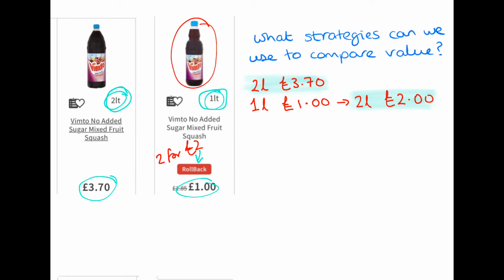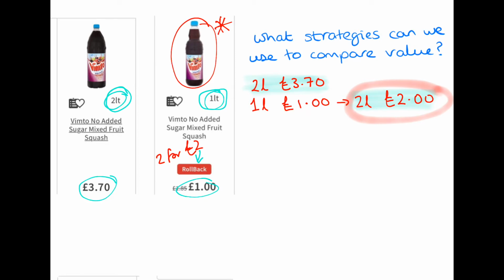That's quite a big difference, isn't it? £3.70 and £2. So if you've got room in your cupboard to store 2 of the smaller bottles rather than 1 of the big ones, then we can see that the smaller bottle is better value than the bigger bottle. So this is the one we're saying is best value at the moment.